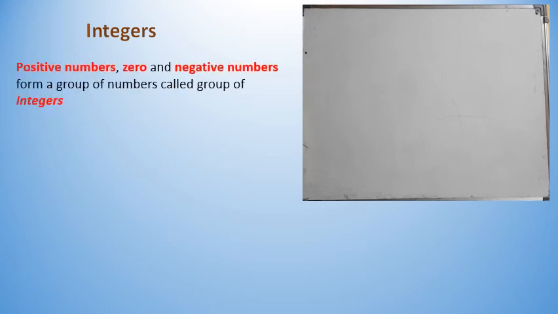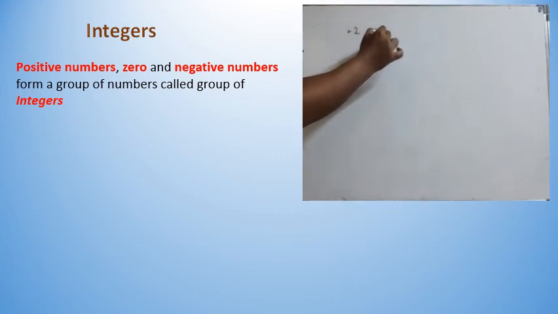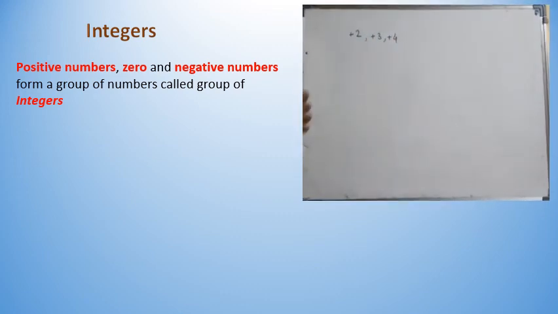So students, we know that positive numbers, 0 and negative numbers form a group of numbers which are called integers. Now in integers, according to the definitions, we have the positive numbers, 0 and the negative numbers. The positive numbers are generally written like this. Now this plus sign shows that these numbers are positive.